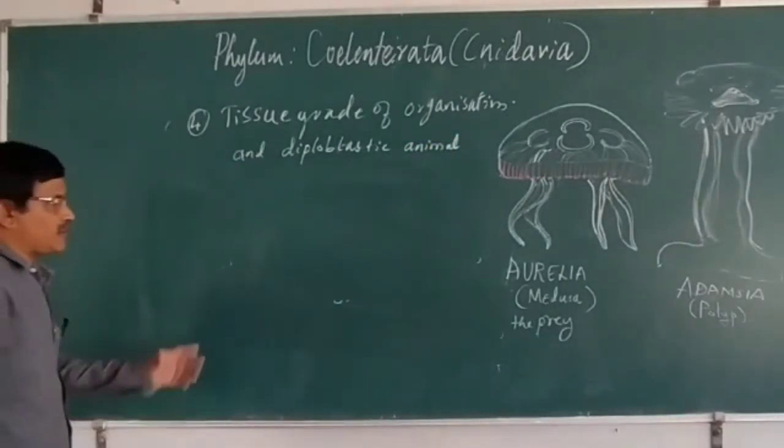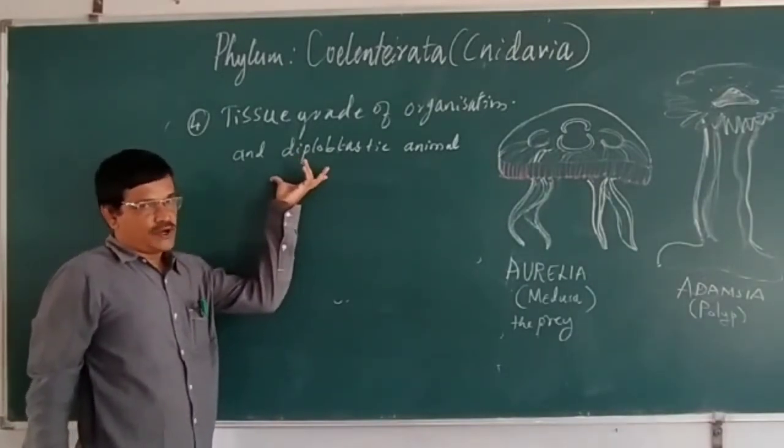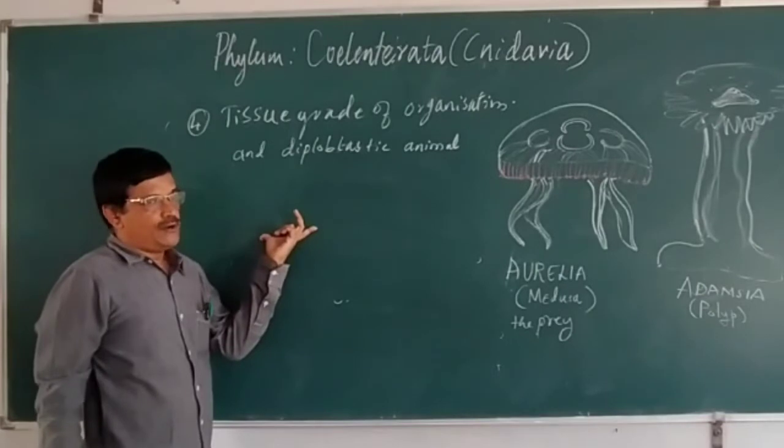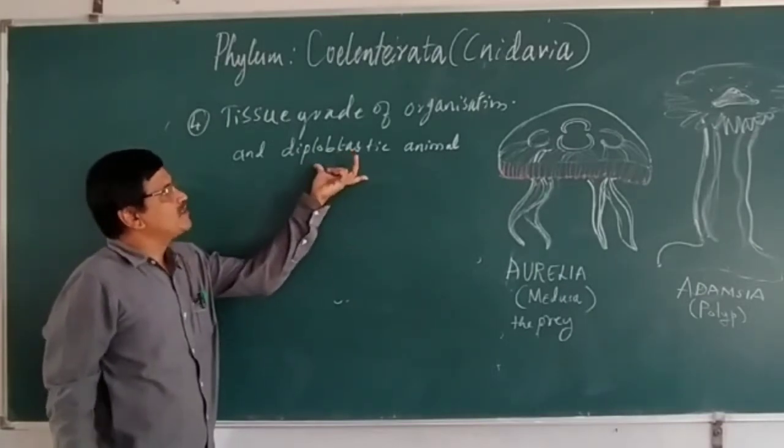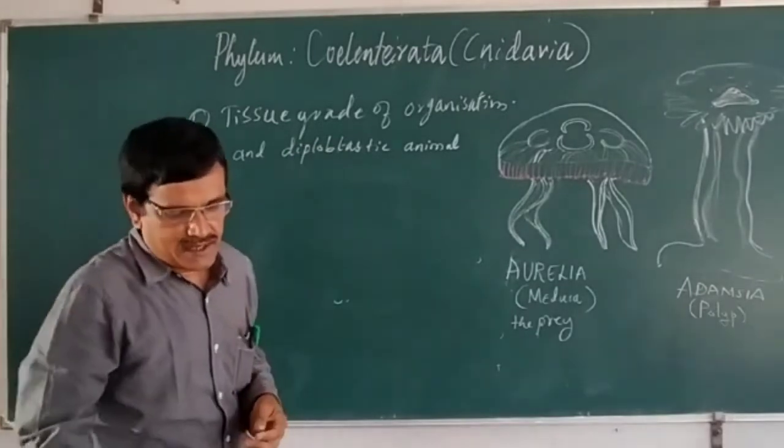Diploblastic means their body wall contains two layers, outer ectoderm and inner endoderm. Thus, there are two layers in their body wall, hence they are diploblastic animals.